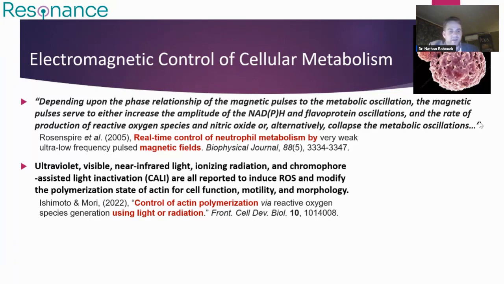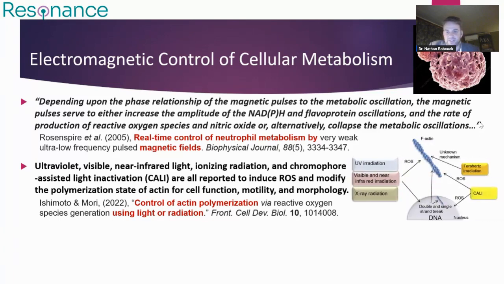That was the therapy I mentioned on the previous slide with the nanoparticles, where we can actually use light to activate a nanoparticle, which then can release heat or some kind of chemical effect to kill a cancer cell, or engage in any other kind of potential redox control in the cell that can affect, for example, the actin cytoskeleton of the cell, with implications for cell function, motility, and again, the cell shape, the morphology.